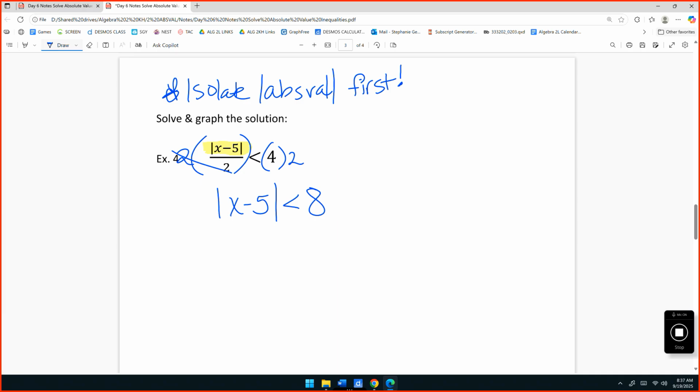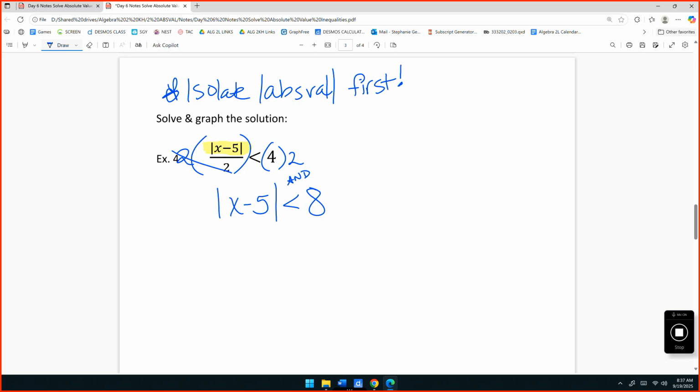Now I have an absolute value inequality, meaning the only thing I have on this side is an absolute value. So is it and or or? It's a less than, so less than and. So this one's going to be and.